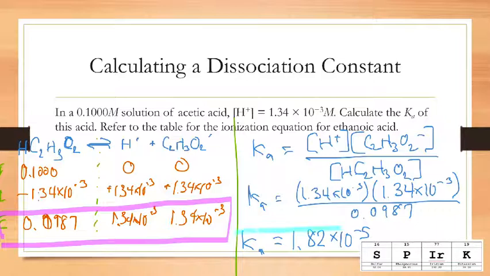We know from previous experience that 1.82 times 10 to the negative 5 is a small Ka value. Therefore, this must be for a weak acid. And we know that ethanoic acid, or acetic acid, is a weak acid. So our math holds true.